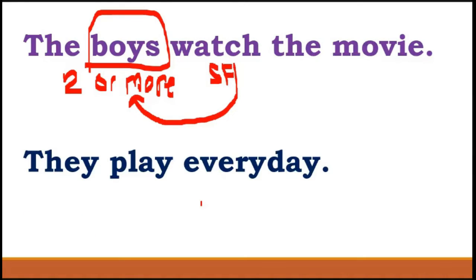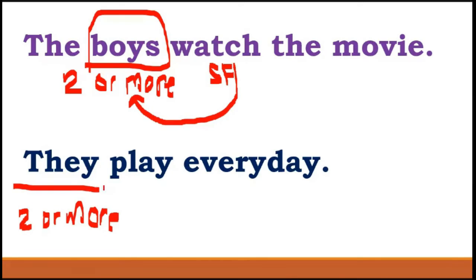Next, they play every day. So what is our subject in this sentence? They. Okay, when we say they, how many people or how many subjects are we talking about? Two or more. Okay, we are talking about two or more subjects. Unless yung they ay pangalan.